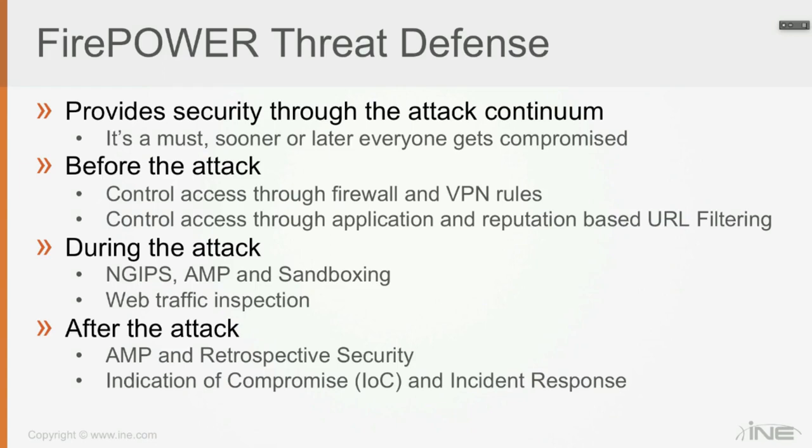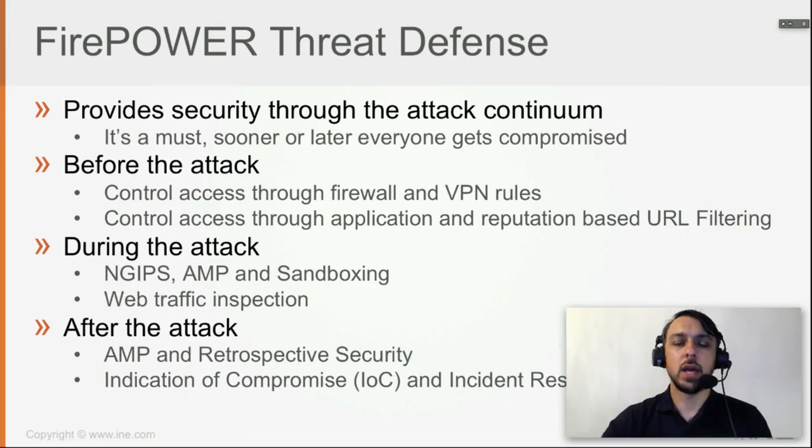And of course, we're going to speak about what is the indication of compromise and incident response, because clearly you would want not only to be alerted that, like back in the days, IP 111 got infected, but you'd want to know for real how the attack has happened, where it came from, what are the targets, what are the victims, and if the infection has spread to other endpoints in the network.